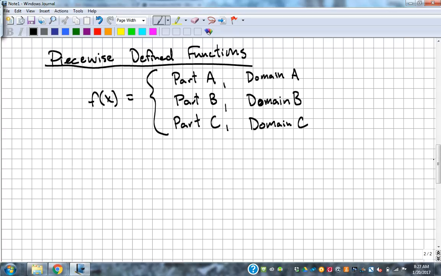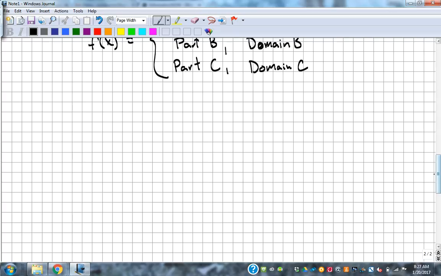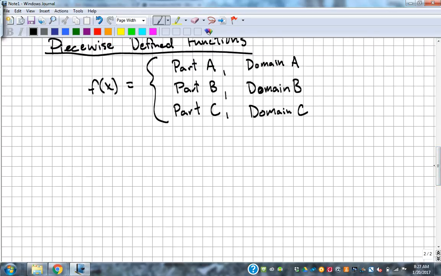So what we're going to look at is we'll start with a pretty simple one. And we're going to look at the graph of that and then go into looking at maybe the domain of the whole thing and the range of the whole thing. So let's look at that. Example C, we'll call this, we'll just call this one f of x.